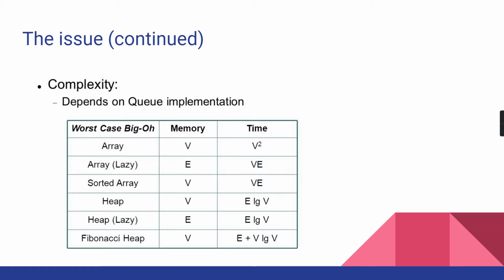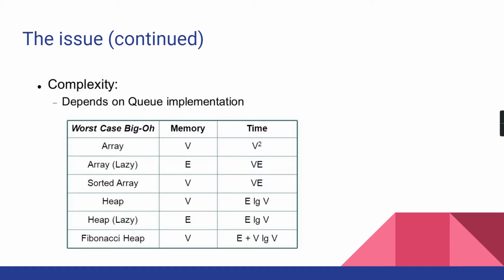For a sorted array, memory would be the number of vertices, time would be the number of vertices times the number of edges. For a heap, the memory is the same as the array and the sorted array, it would be the number of vertices. And a heap is a bit quicker, less complex time than using an array implementation.